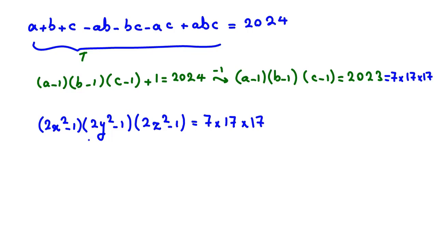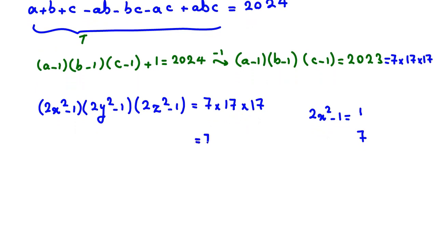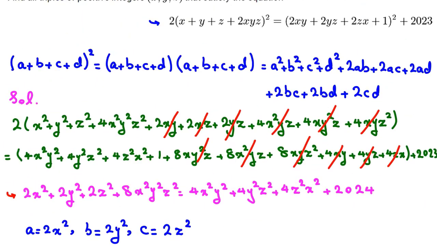So for one of them, I want to see which of them are possible. For example, 2x squared minus 1. Can it be 1? Can it be 7? Let's write the number of divisors here. The number is 7 times 17 squared. The problem says x, y, z are positive integers.